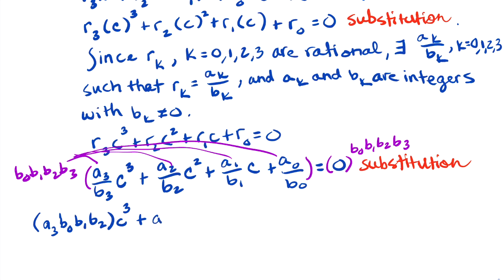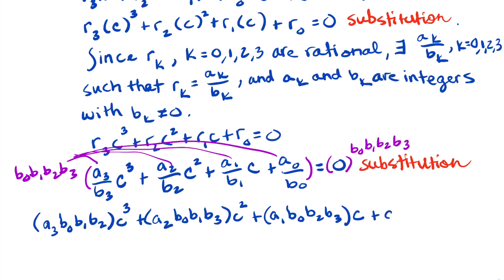We would have a2 times b0, b1, b3, times c squared, plus a1 times b0, b2, b3, times c, and then plus a0 times b1, b2, b3, and that's going to equal 0.